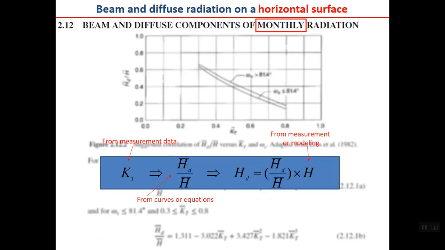Again, this is the procedure. You have the KT value, the monthly average daily clearness index. Find the ratio from the curves or the equations, and then you can find the diffuse fraction. Once the diffuse fraction is calculated, having HD and H bar, you can find the beam radiation.